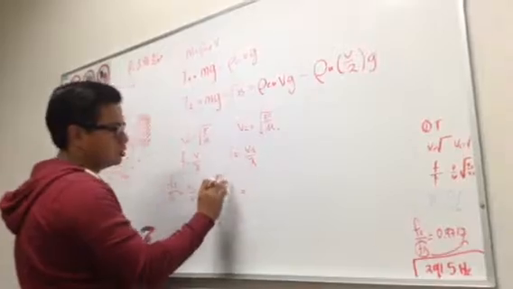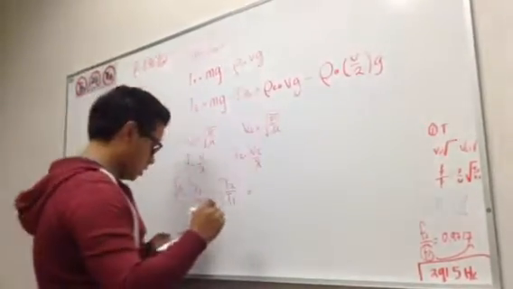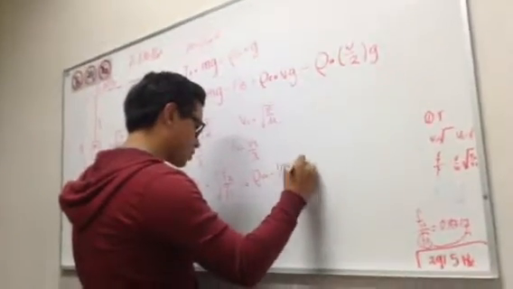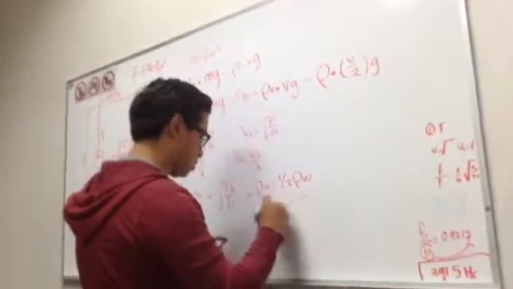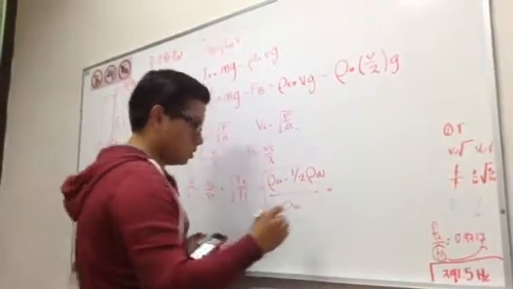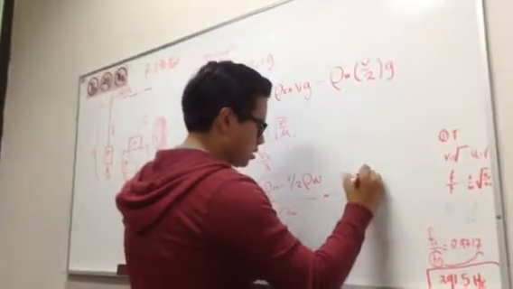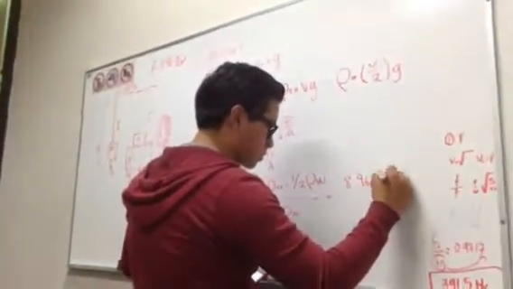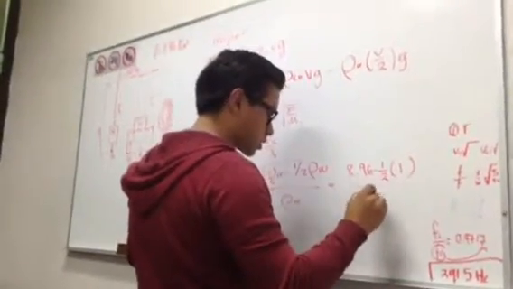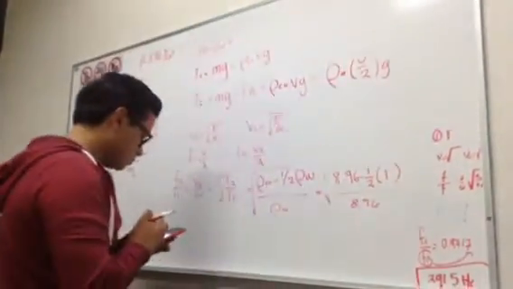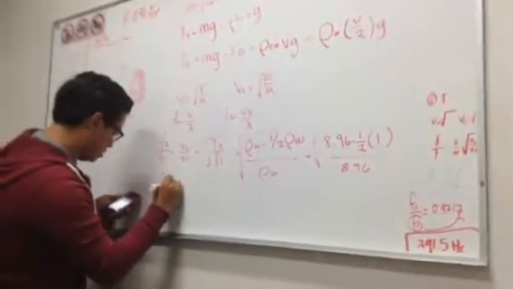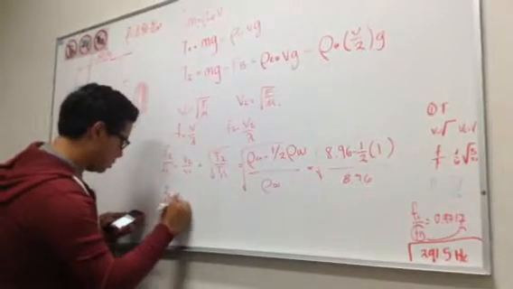We need to substitute, the tension 2 is this thing, so it's the square root of the density of copper minus 1/2 of the density of water over the density of copper, and this is going to be, after we substitute the values, the square root of 8.96 minus 1/2 of 1, which is the density of water, over 8.96.